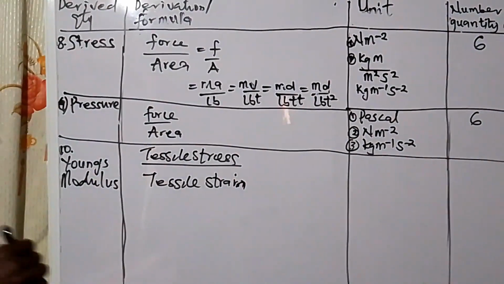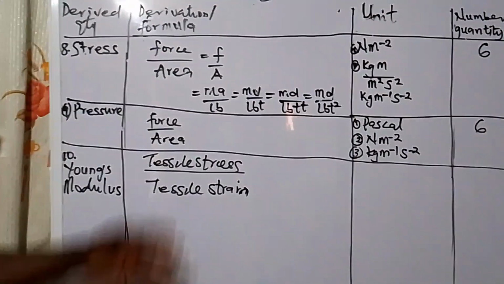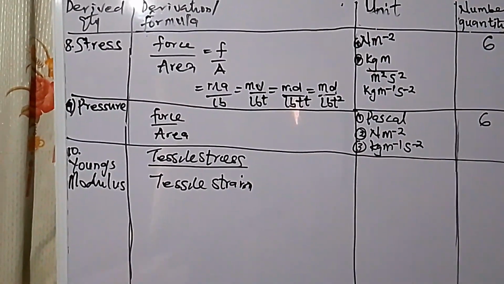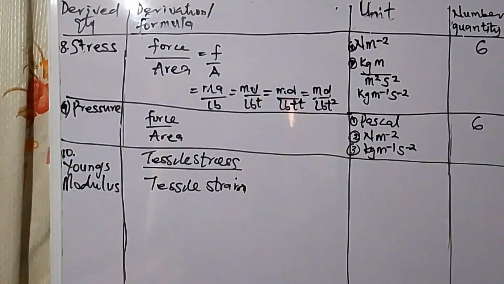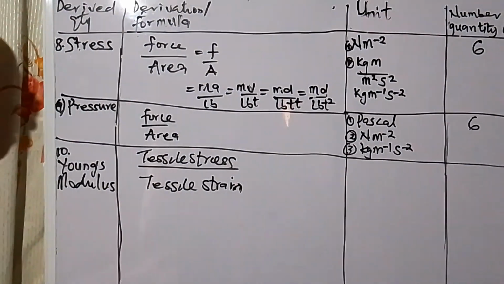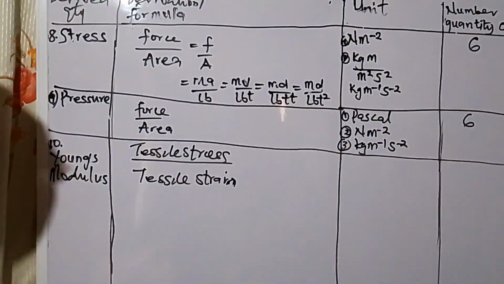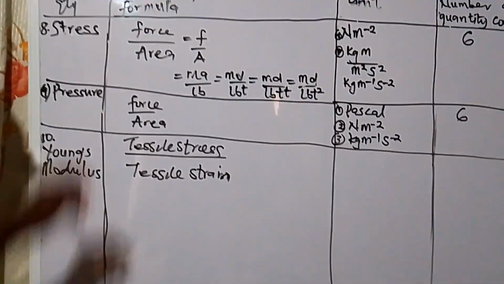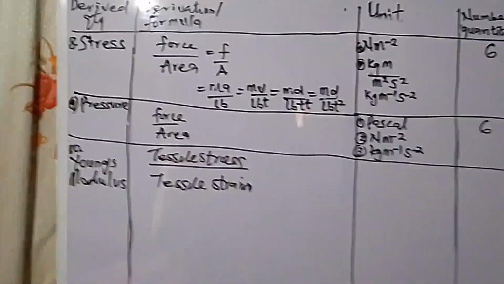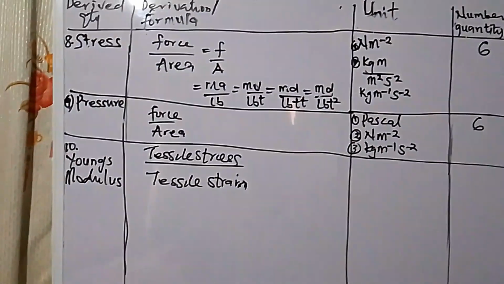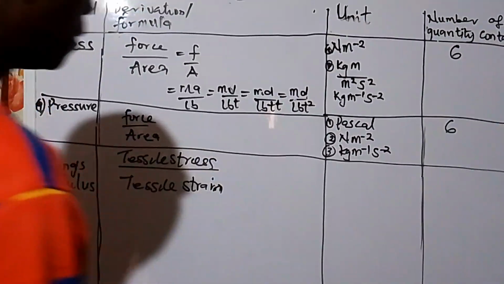You can now see that both tensile stress and tensile strain are derived quantities. So as we have been doing, we need to reduce this one also to their fundamental level so that we can know the exact unit of Young modulus and the number of quantities that Young modulus can take. And at the same time, we will be able to write the basic unit of Young modulus from the fundamental level.